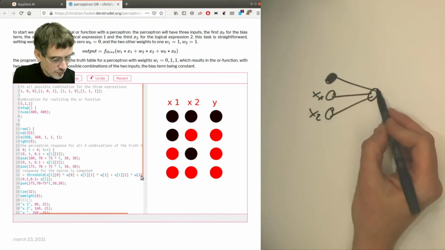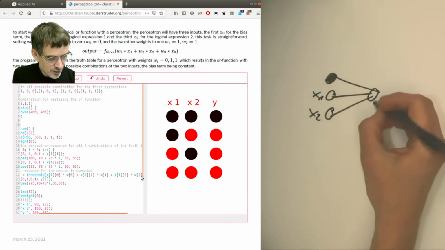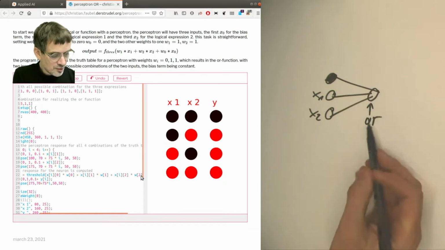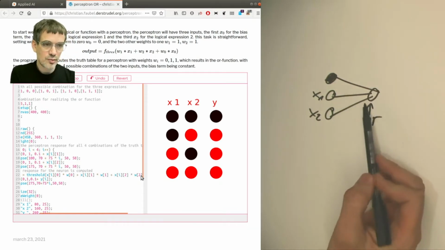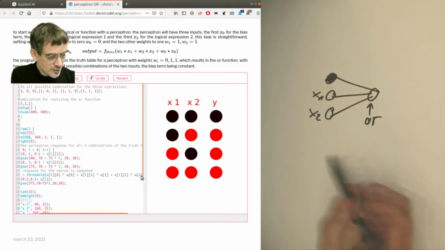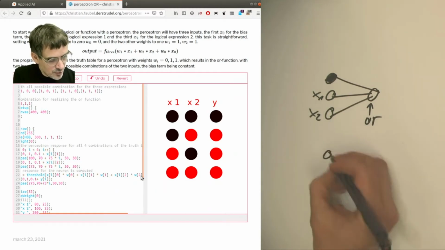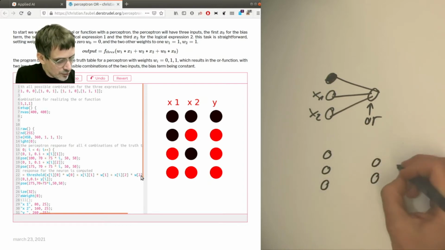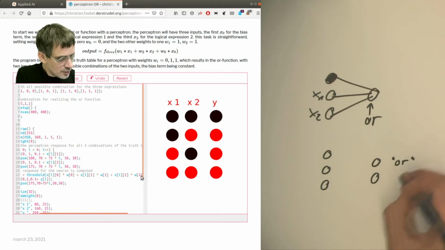And the function is right now, as you see it, the OR. The first exercise is to modify the weights so that this becomes an AND function. And then the other exercise is I want you to come up with a network that has two output nodes, one we call OR and the other one AND.